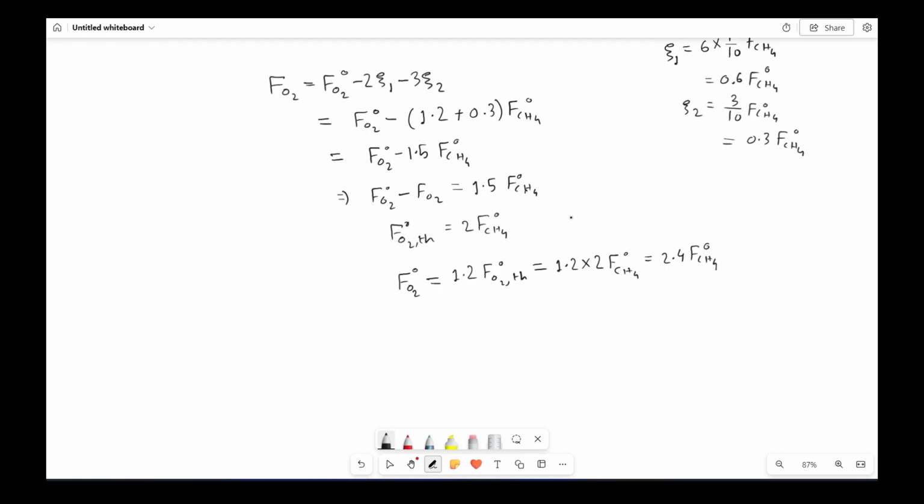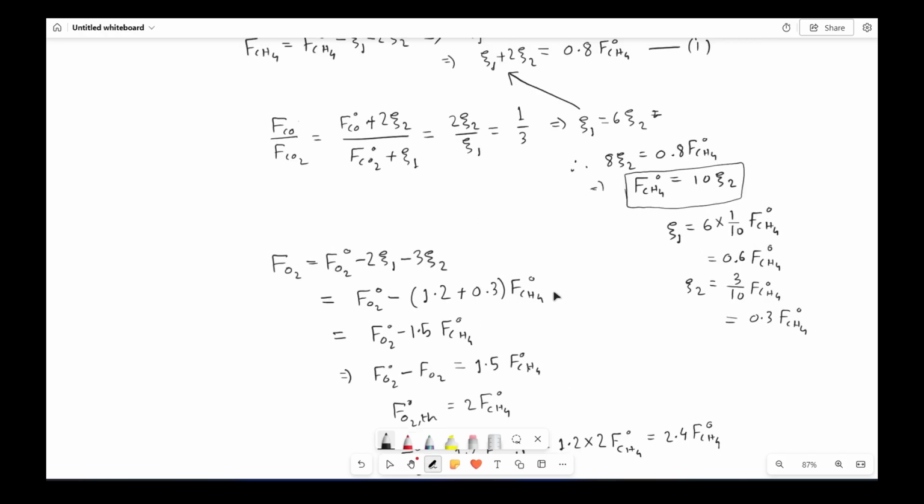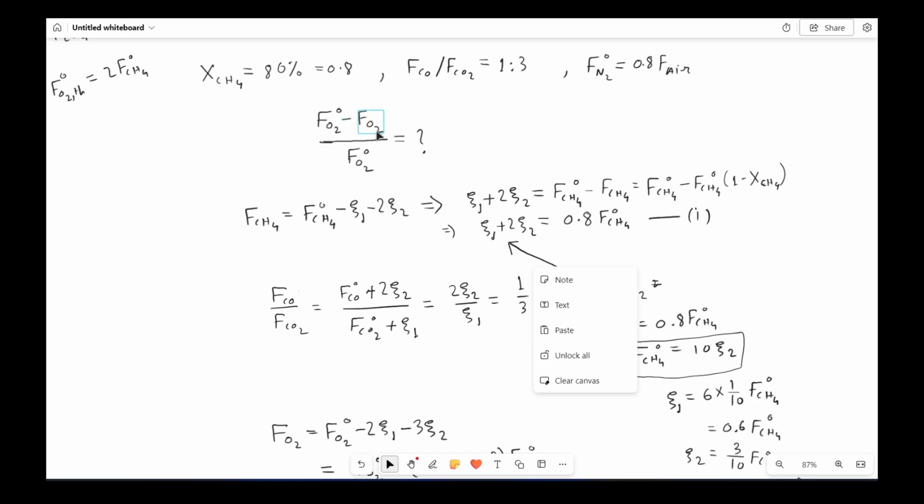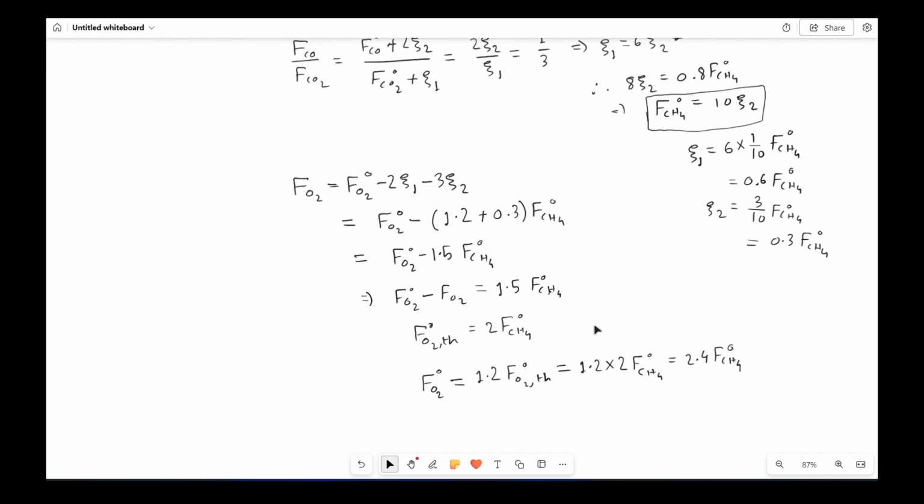So we get FO2 naught. We now have everything for computing that expression.